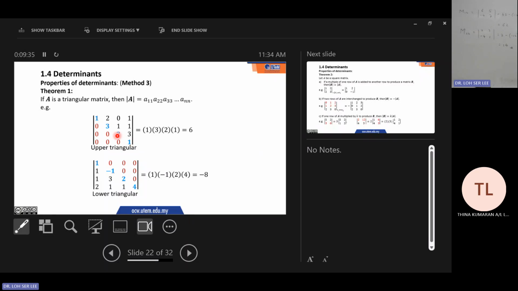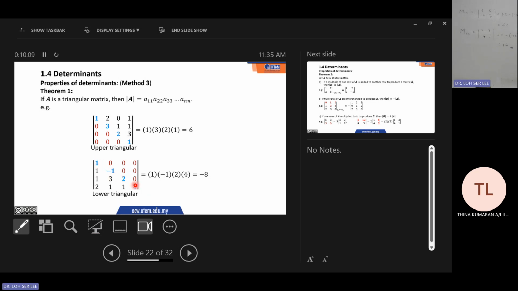So when you see an upper or lower triangular matrix and you need to find the determinant, this is the formula. We just need to find the product of the diagonal entries, and that will be your determinant. So this one you just do 1 times 3 times 2 times 1, and this is the determinant. The criterion is it must be a triangular matrix. No matter upper or lower, you do the same.